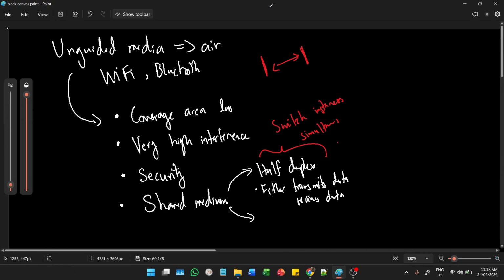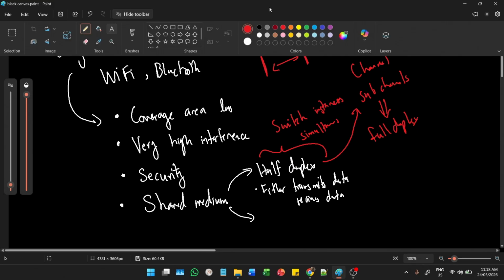So modern Wi-Fi systems have something called sub channels, where it chops a main channel into smaller sub channels. This is the closest we are going to get to full duplex mode on Wi-Fi. So this is something that you should know to understand why it is half duplex and the issues related to half duplex.